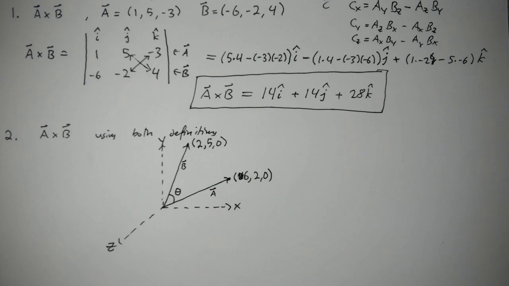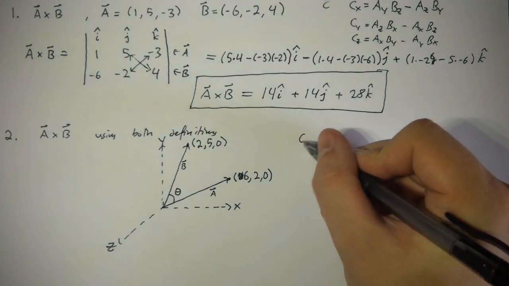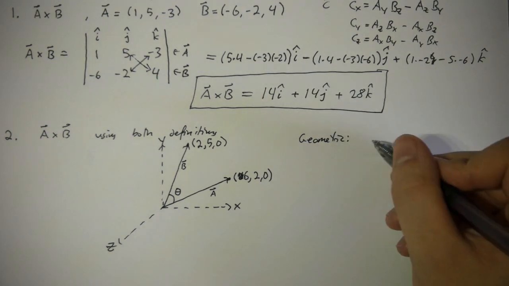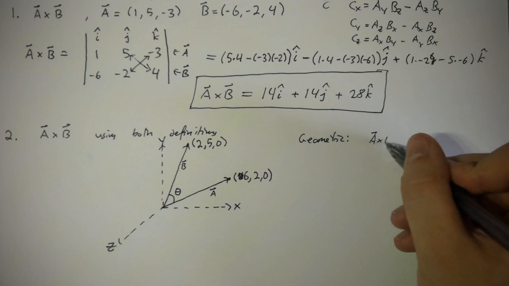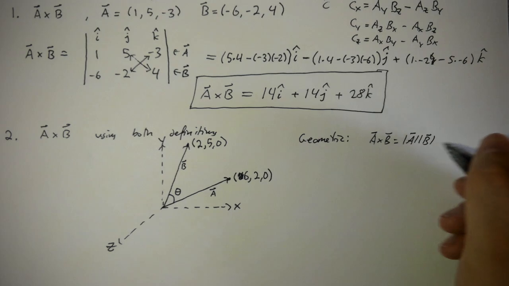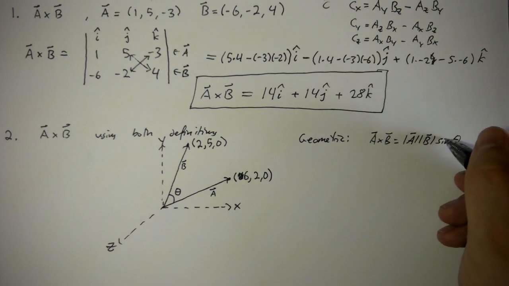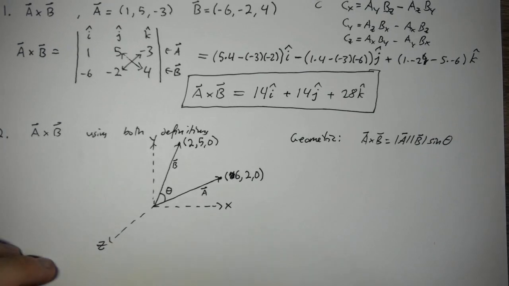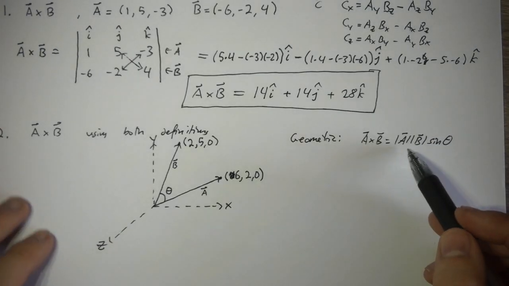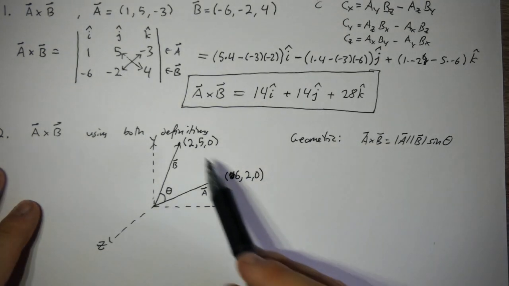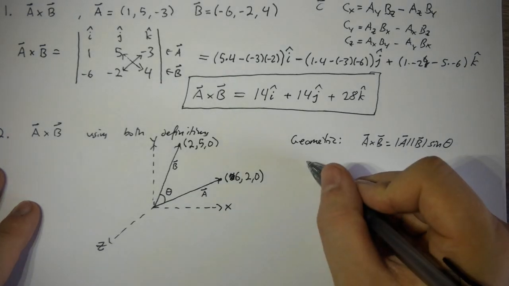Okay, so now we can solve this, and let's start by doing the geometric definition, where A cross B, just to remind ourselves, is A magnitude, B magnitude, sine of theta. First things first, let's see what we can solve immediately. We can solve for the magnitudes of the 2 vectors because we have all of their components.